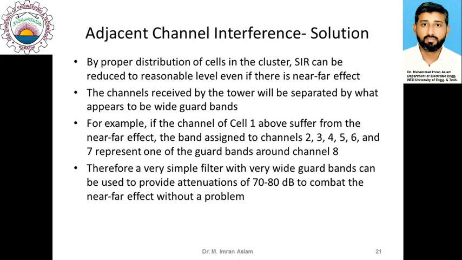So if we distribute the frequency channels in the cells properly, then even if there is the near far effect, the adjacent channel interference can be reduced. How can we do that?